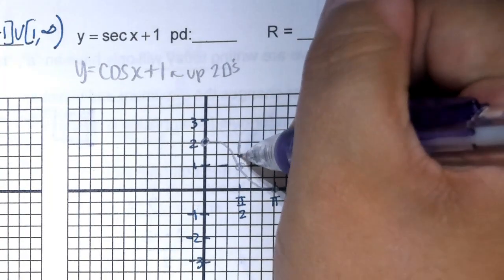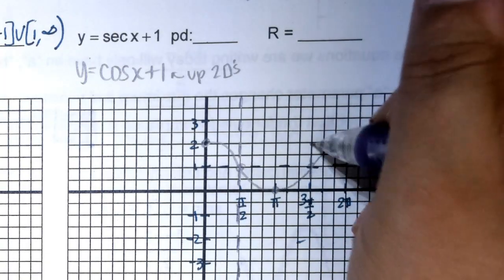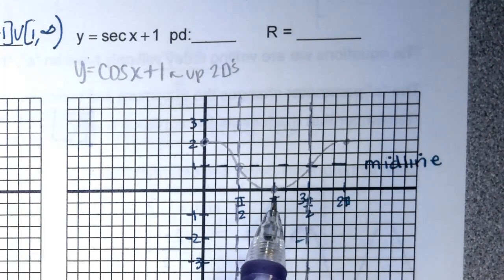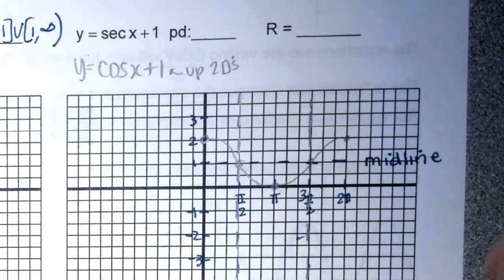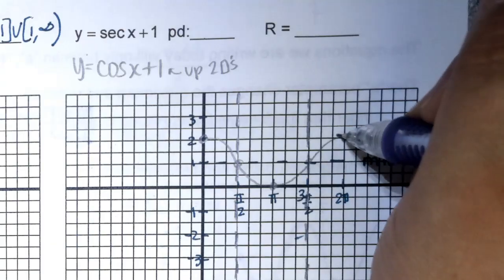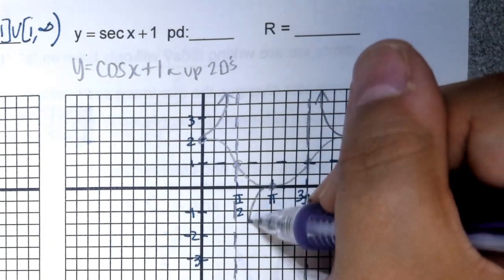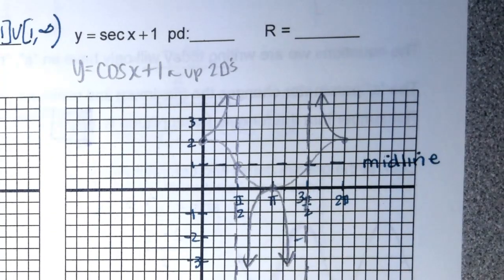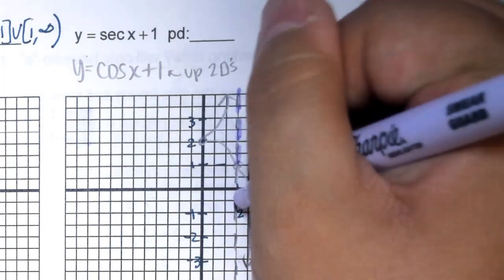So my asymptotes are at pi over 2 and 3 pi over 2. I understand that there's a zero at pi, but that's not one of my original zeros. And then you can still reflect everything else. But you should always have 2 asymptotes for secant and 3 asymptotes for cosecant.